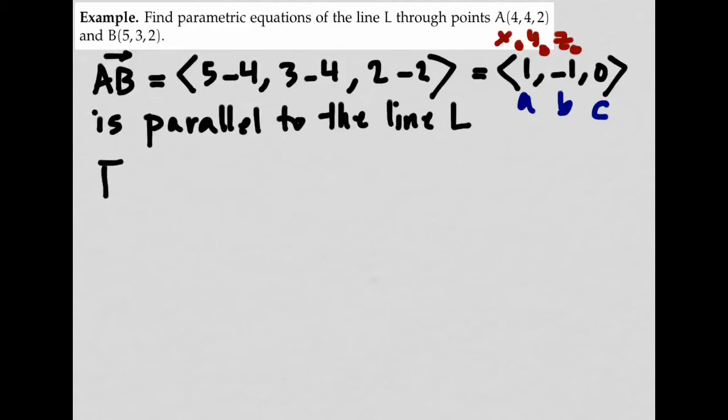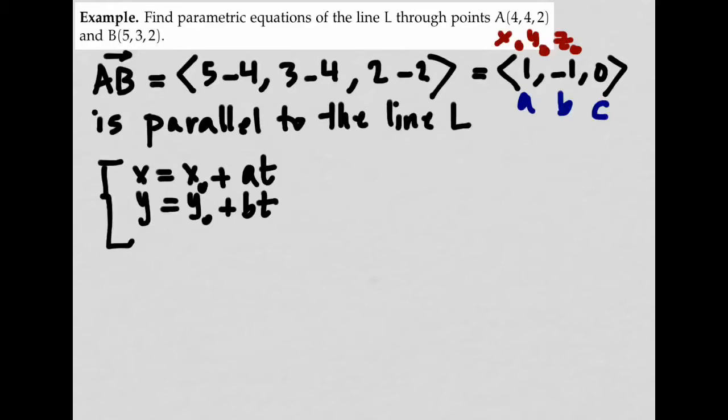Let me remind you of the parametric equations of a line again. x equals x0 plus at, y equals y0 plus bt, z equals z0 plus ct. t is a number that ranges from minus infinity to infinity.